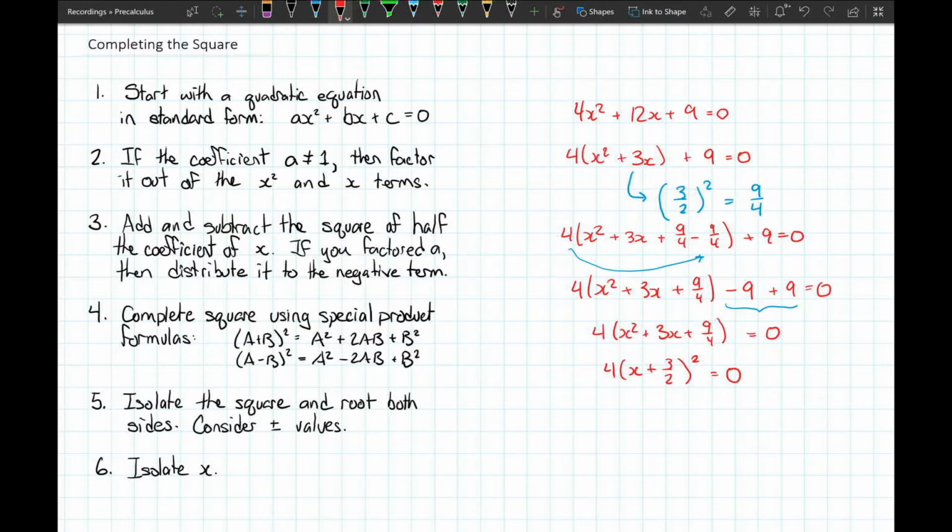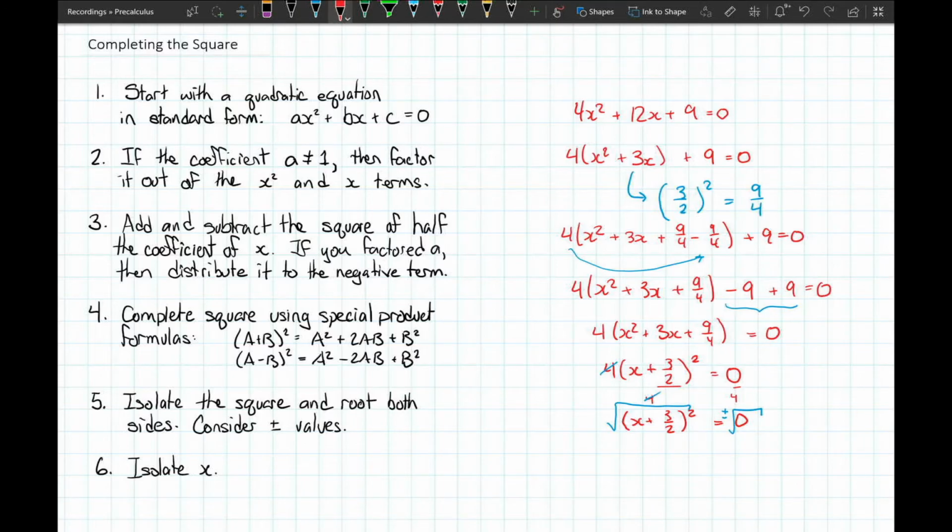Now, you've written it out in this new format for a special reason. You try to isolate the square and then square root both sides. In my case, I can divide both sides by 4, and that cancels out the 4's here. 0 divided by 4 is still 0. Now I've isolated the square, and then I'm going to square root both sides. Now remember, when you square root both sides, you have to consider positive or negative values.